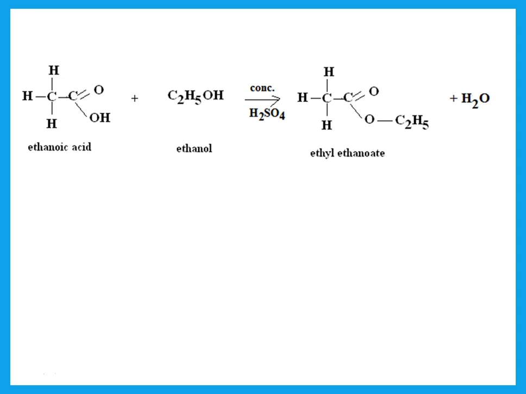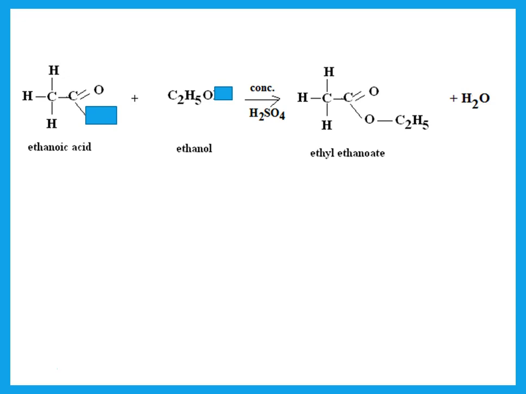I'm starting with ethanoic, so I have CH3, C double bond O. Then we remove the OH from the acid and the H from the alcohol and join them together. So instead of C double bond O OH, it is C double bond O and the part from the alcohol, OC2H5. Can you see how we drew it? The conditions here are concentrated sulfuric acid, and because I removed OH and H, the other product is what?